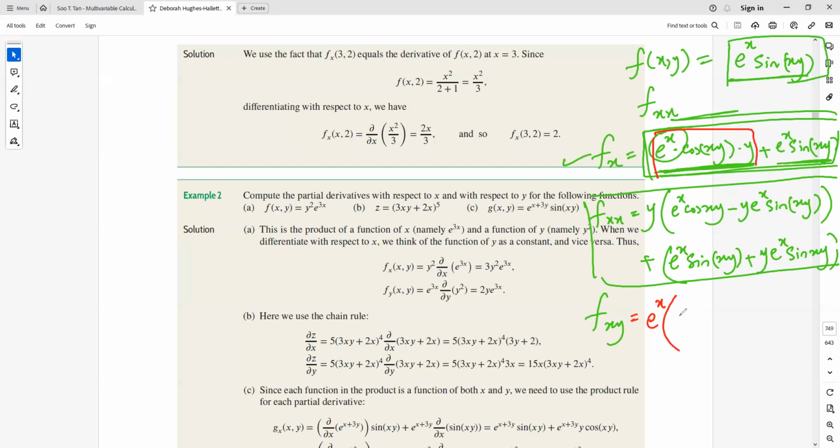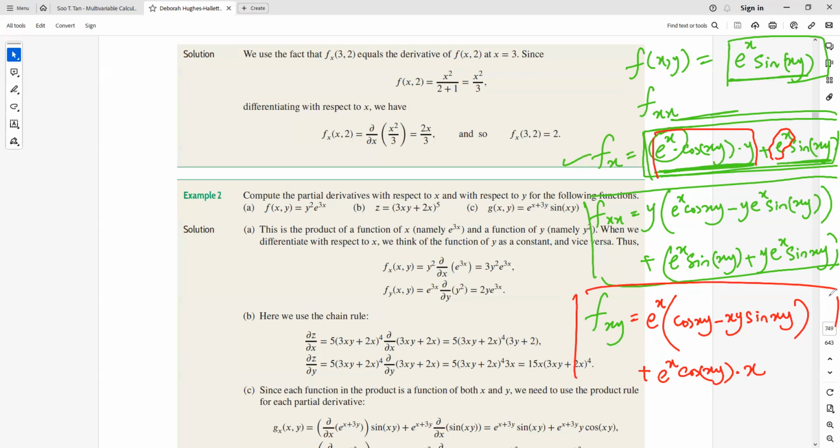And then I will have cosine xy minus xy sine xy, plus, now e power x is constant here, and the derivative of sine xy is cos xy times x, because x will be treated as a constant here.